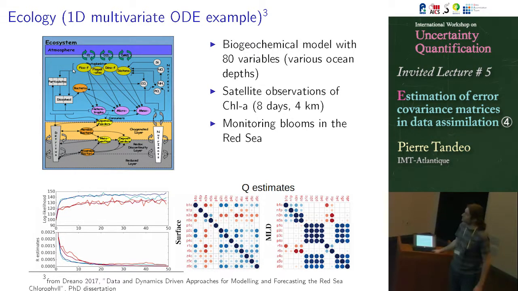I show you the variable at the surface and at a given depth. This is the mixed layer depth, and you see the Q estimates of the different variables. What is nice, and I will focus on that, is that you can see groups of variables which are positively or negatively correlated, so the errors are positively or negatively correlated.